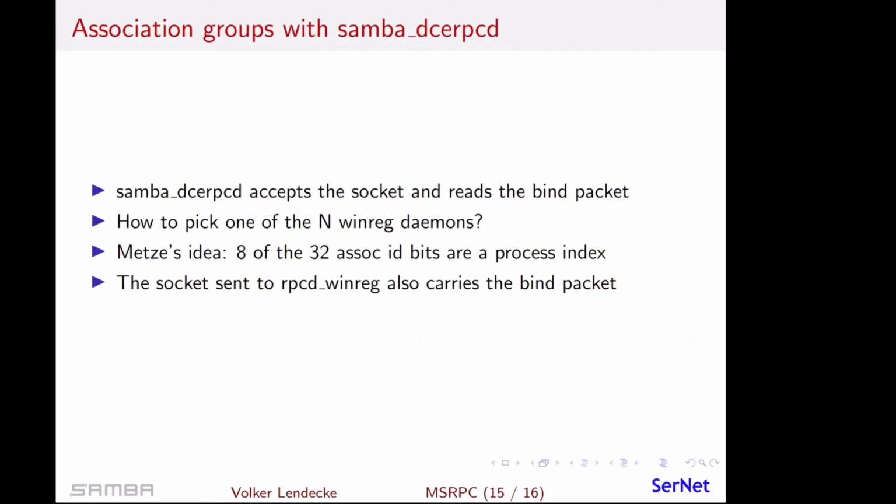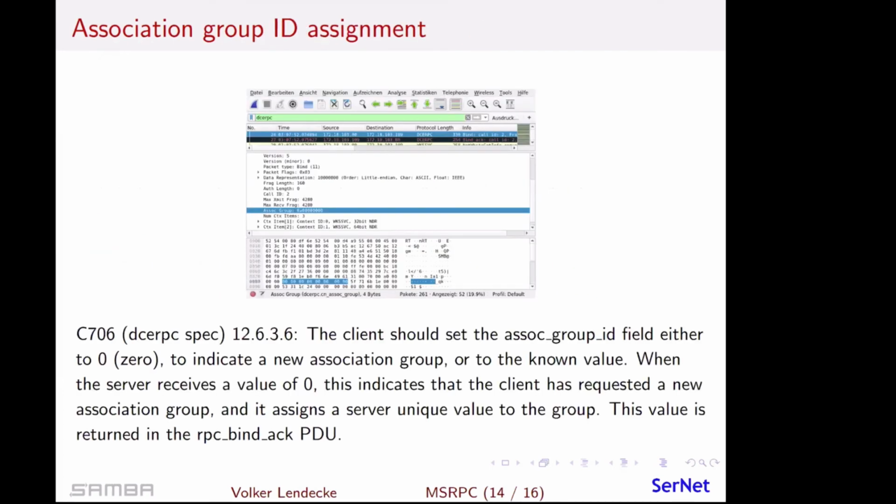How do we solve this here? And this is yet another of Metze's genius ideas. So Samba DCRPCD, what does it do? This, going back one slide again, this packet is always the very first packet in any TCP, named pipe, or whatever RPC connection. And there the client specifies, hey, I want to be part of that association group or get me a new one.